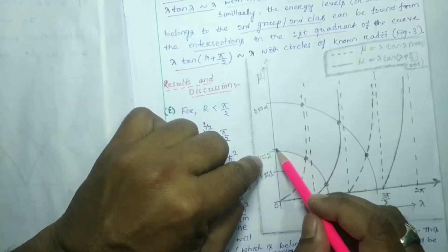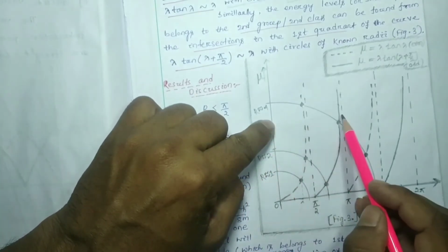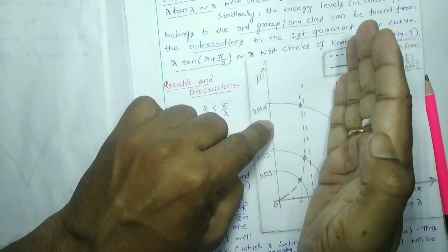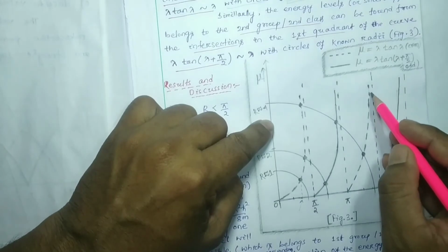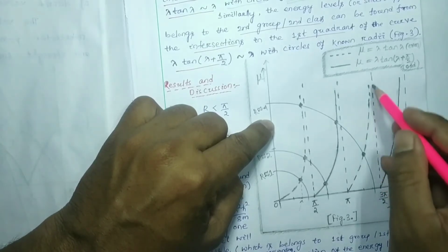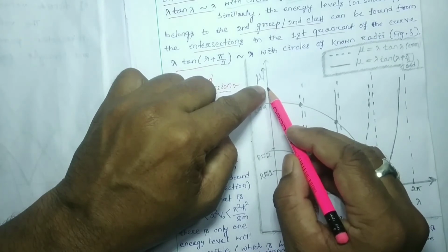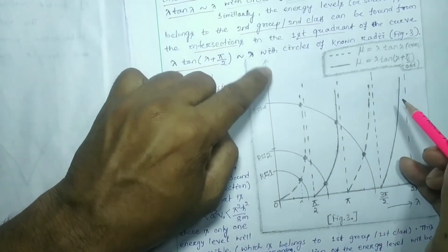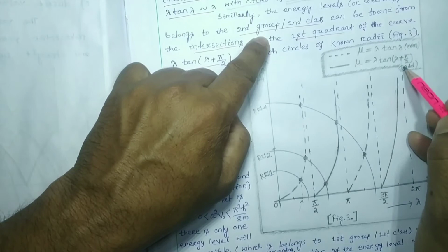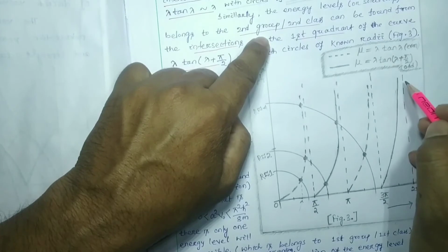But here it touches at a higher value of mu, because the curve is somewhat straight. Again for this curve, the touchness with the pi by 2 value will be higher, meaning at around this value of mu this dotted line is going to touch, and again at a higher value of mu we find that it is going to be closer, tending to touch this one, where it shows the asymptotic behavior.